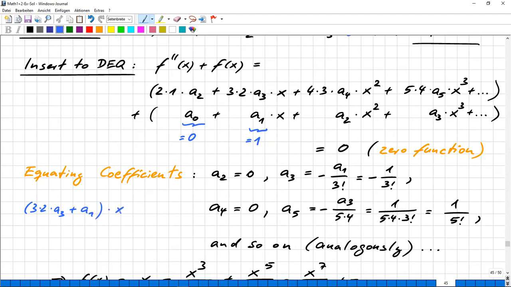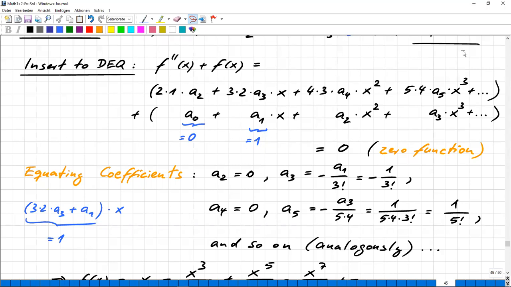This is pulling x outside of these parentheses, or putting the coefficients in parentheses of this linear term. So that's what I have. And this whole factor must be equal to 1. But I'm just having a little problem right now. I don't know what's going wrong. Let me pause just for a second.